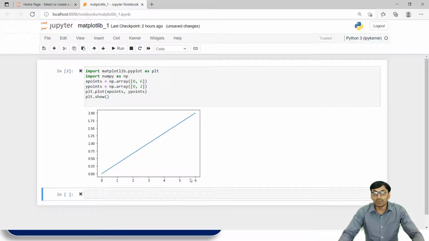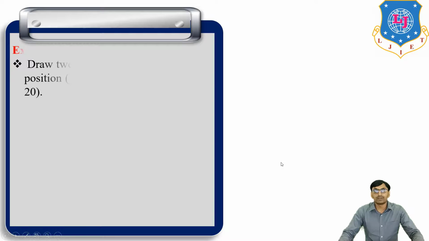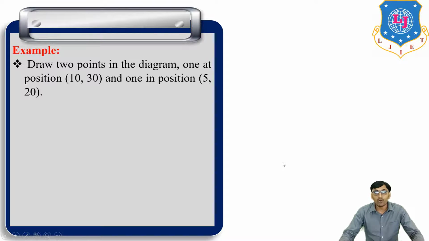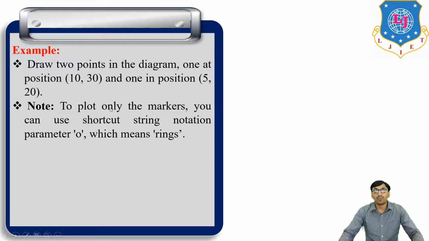So this same program we run in Jupyter. Okay. Then the next one: draw 2 points in the diagram, one at position (10, 30) and one at position (5, 20). Note, to plot only the marker, you can use the shortcut string notation parameter o, which means rings.